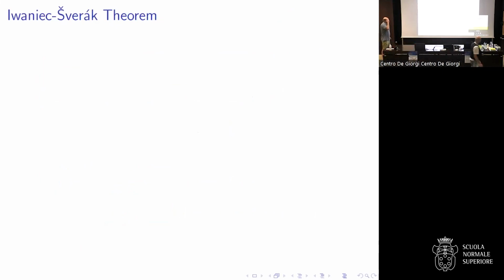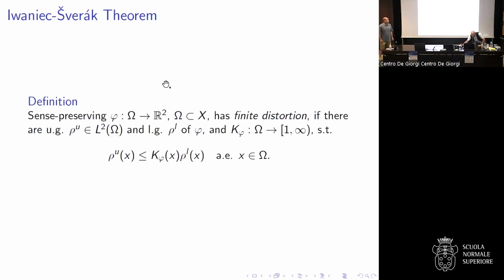And what we want to do here is generalize some basic topological properties of mappings to our setting. So we define mappings of finite distortion. These are mappings from subdomains of the metric surface into the plane.